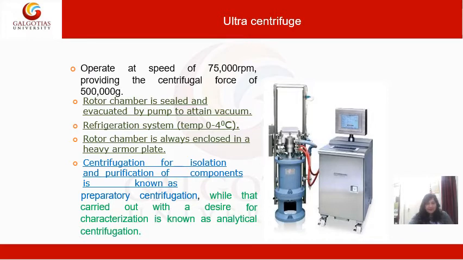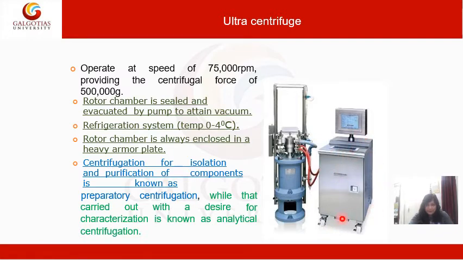They can operate at a speed of 75,000 rpm and may provide a centrifugal force of 5 lakh G. The rotor chamber in such centrifuges is sealed and evacuated by a pump to attain a vacuum. A refrigeration system also exists that maintains the temperature from 0 to 4 degrees centigrade. The rotor chamber is always enclosed in a heavy armor plate.